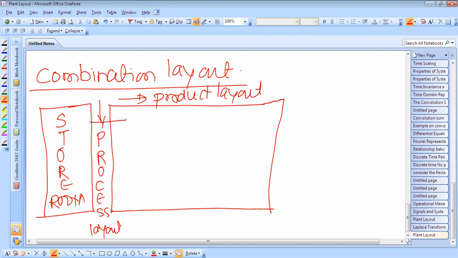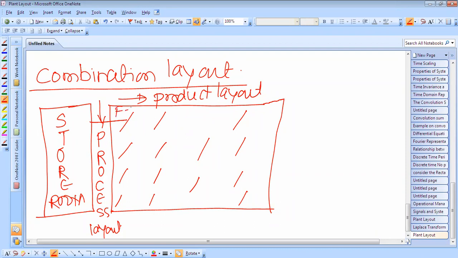The materials are taken from the stores and it is arranged like this. So this is F for the blank forging hammers.